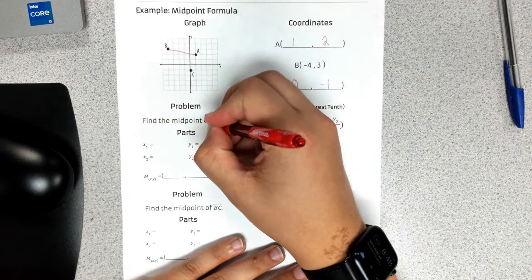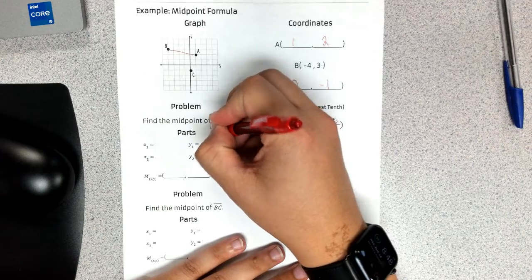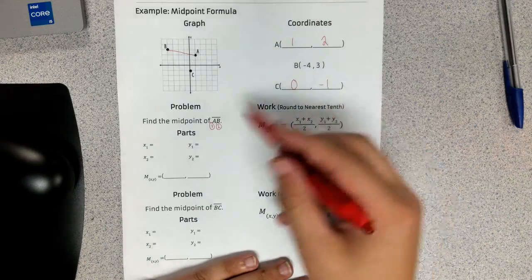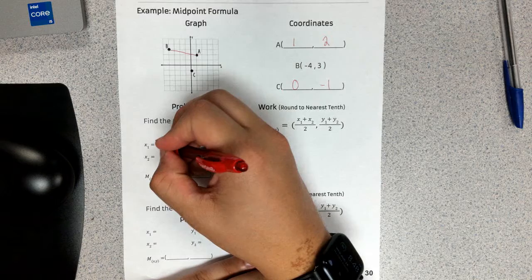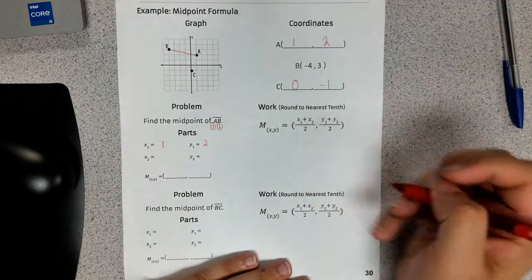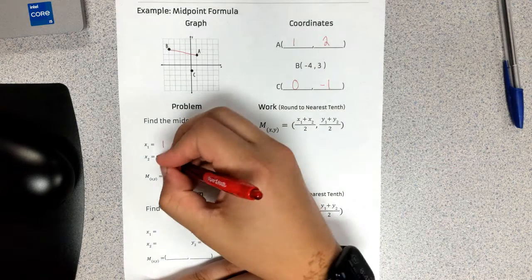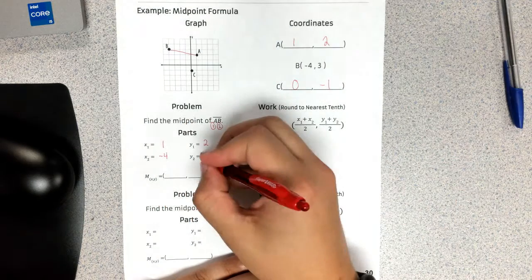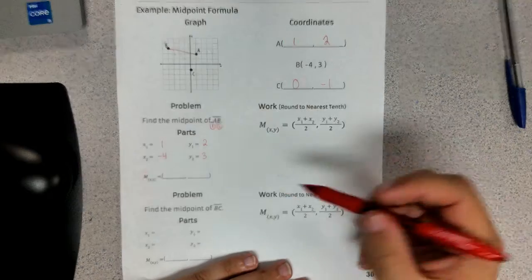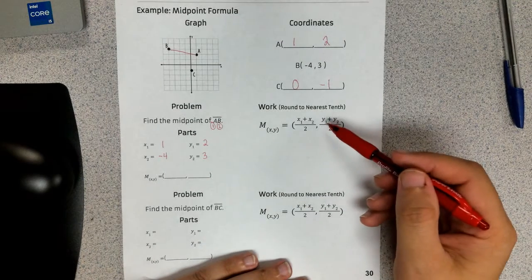Let's say that we choose A as our point 1 and B as our point 2. So A is going to be my x1, y1, which is going to be 1 and 2. And B is going to be my x2, y2, which is going to be -4 and 3. Now I can use these to plug into the midpoint formula.